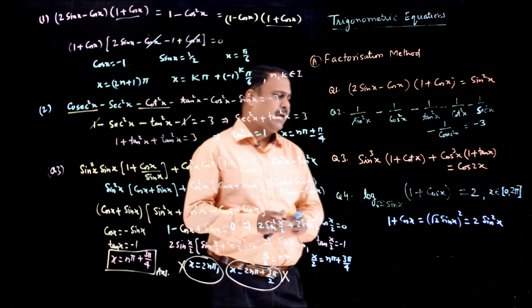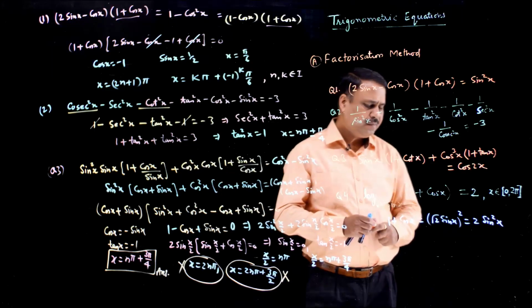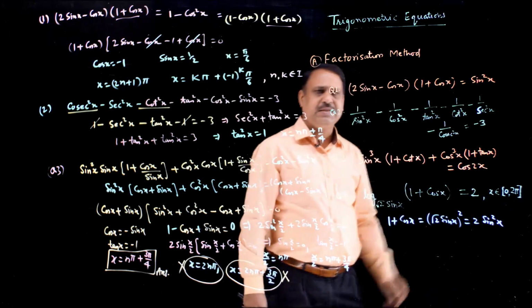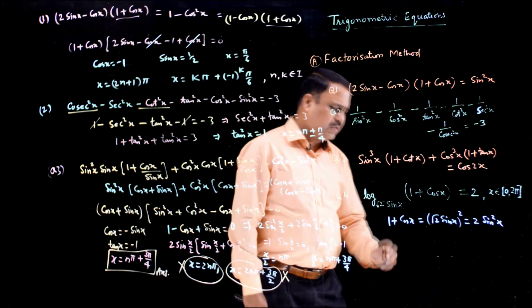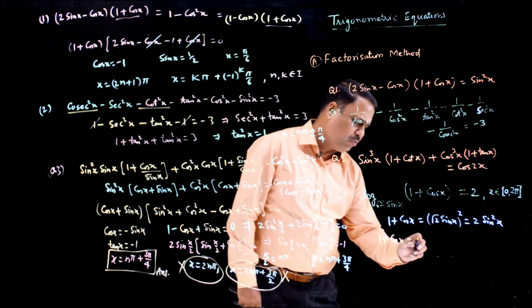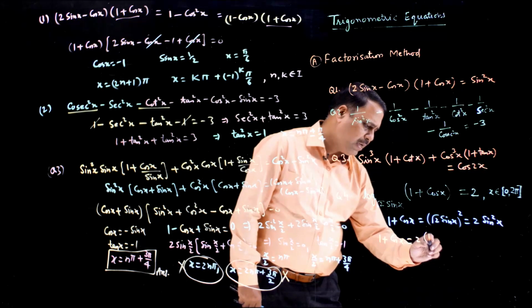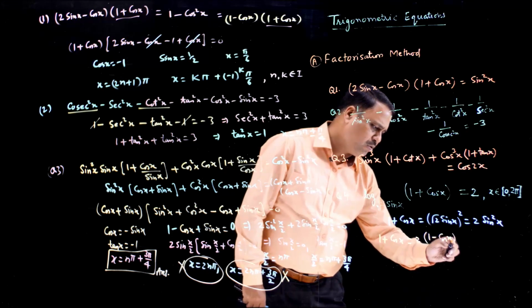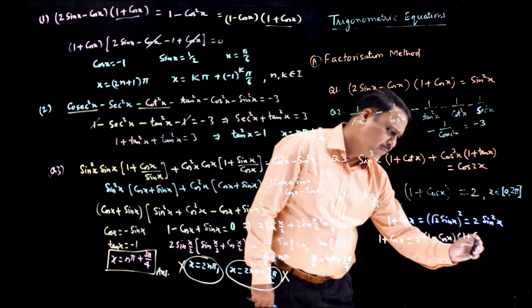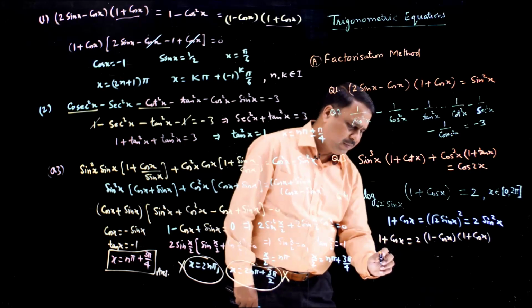So this again we can write 2 sin square x as 2 into 1 minus cos square x and simplify. Or factorization method we can use, any method, because I can write this as 1 plus cos x is equal to 2 cos square x. Sin square x is 1 minus cos square x, that is 1 minus cos x into 1 plus cos x.